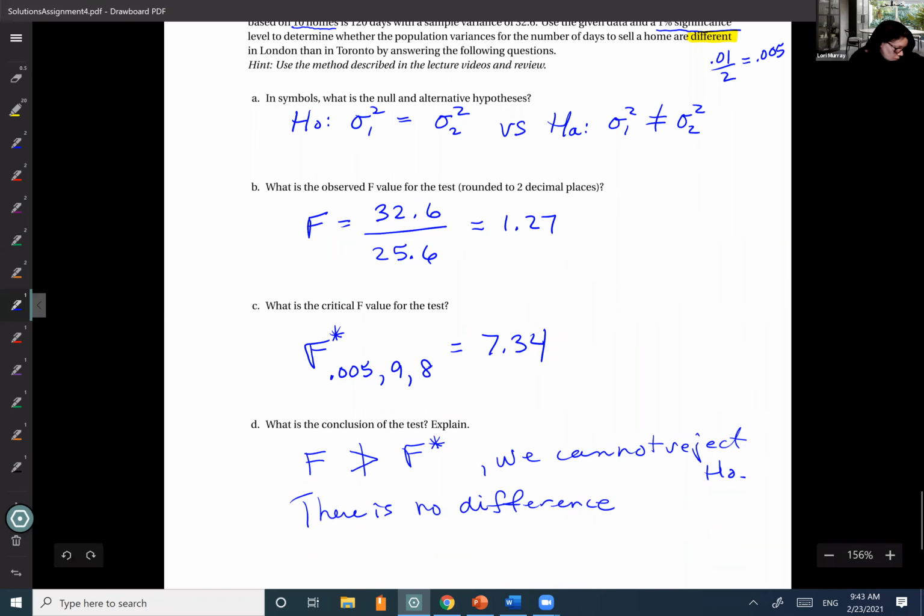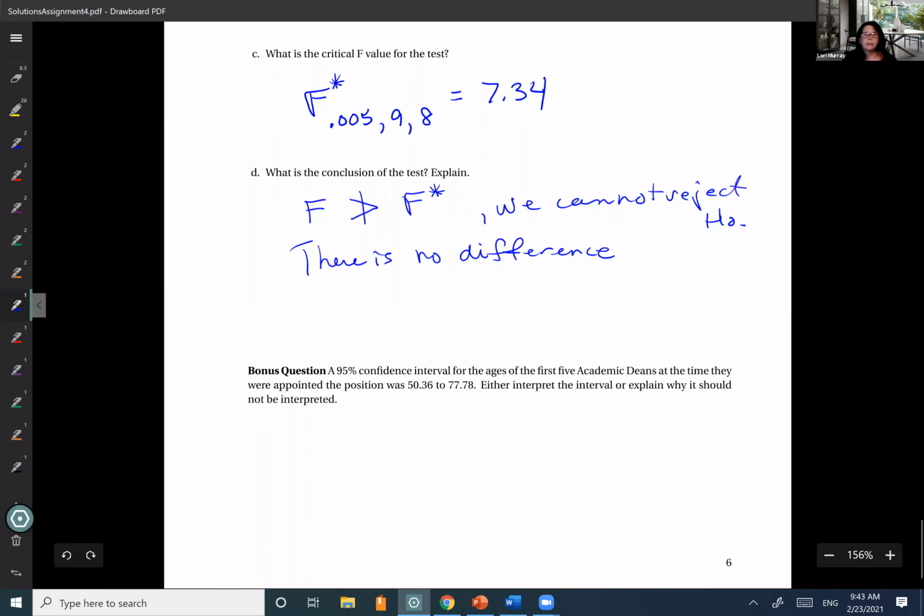Bonus question was, you had to really think about this one for a minute, because a 95% confidence interval was constructed for the first 5 academic deans. One, it's not a random sample. It's the first 5 academic deans, which means it's a population. It's not a sample. So when you have a population, you don't need to construct a confidence interval.